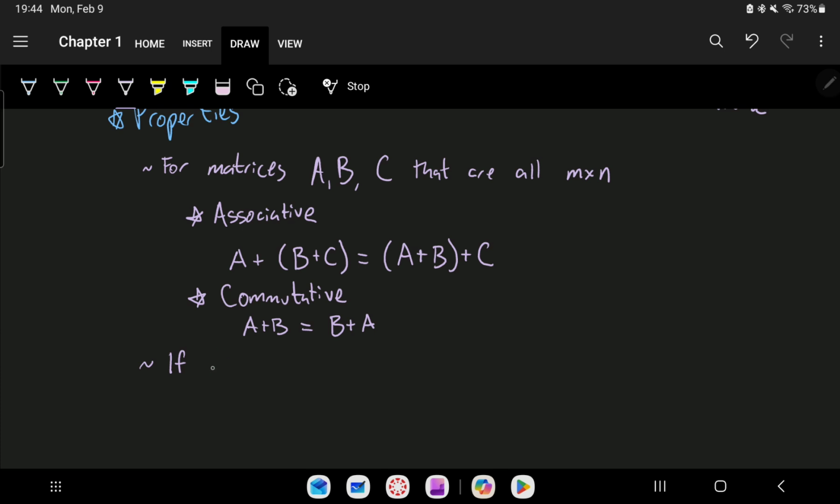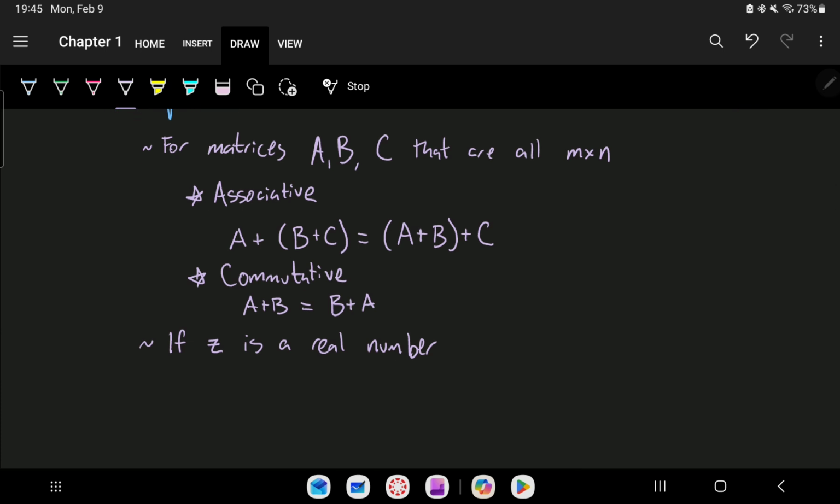So I am going to call this Z, because it sounds like C, why not? Z is a real number. Then we can also say that matrix addition is distributive, right?